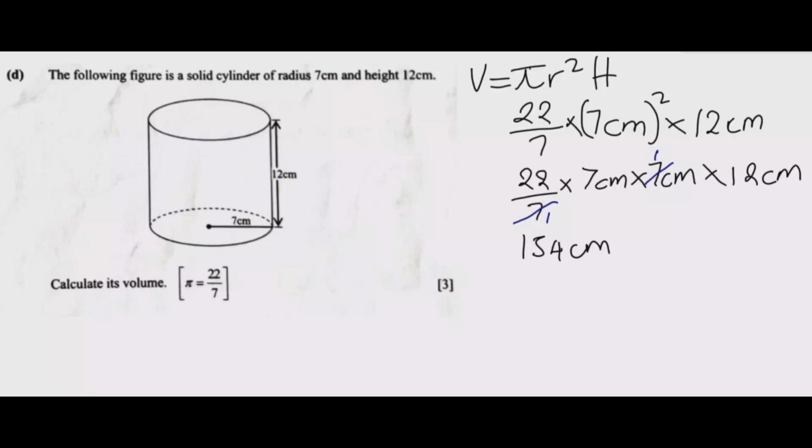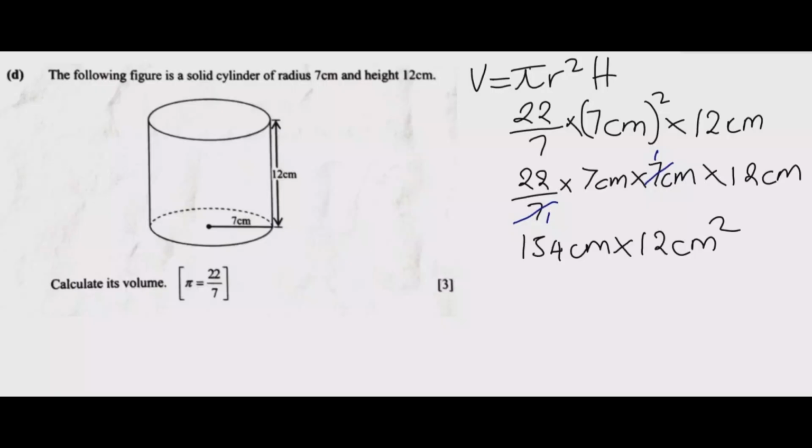Then times 1 centimeter times 12 centimeter will give us 12 centimeter squared. I hope we are not lost. You are following me clearly?